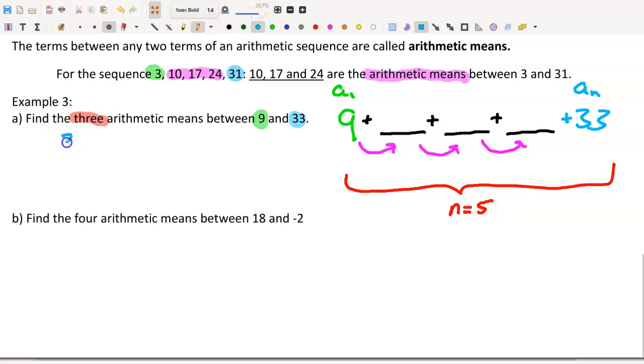And so we'll have 33 equals the first number, 9, plus n minus 1, in this case n is 5, times d, the distance I'm looking for.